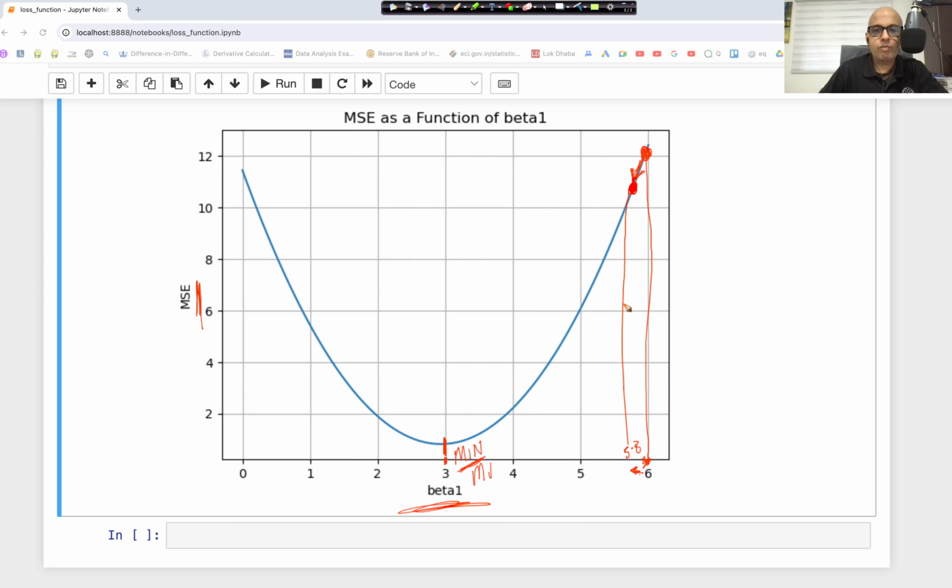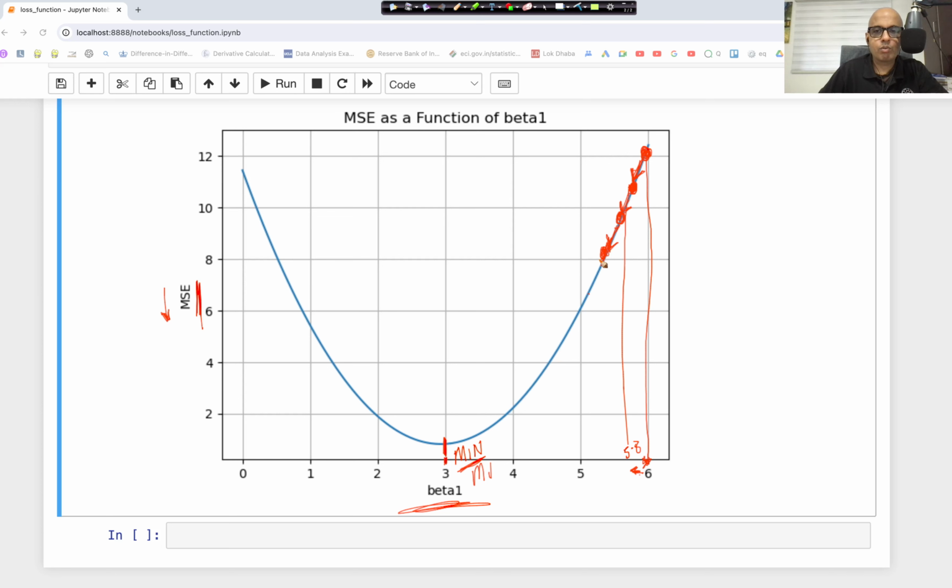And so what gradient descent helps us do is step through this particular process of finding the beta, updating the value of beta, such that we are reducing the MSE as we go. If the updates are very small, then they can be tiny, and it may take a longer time to reach the minimum.